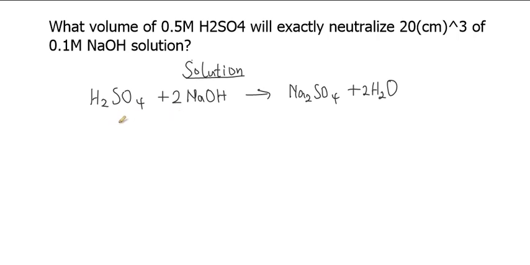The next thing to do is to write out the formula. The formula we'll be using is CaVa over CbVb equals Na over Nb.